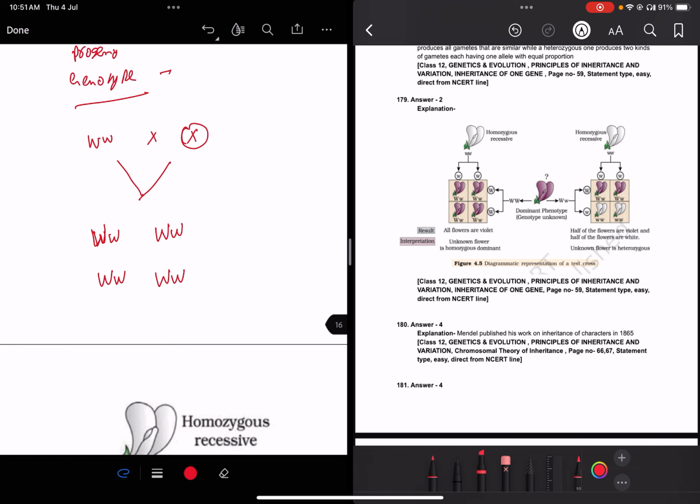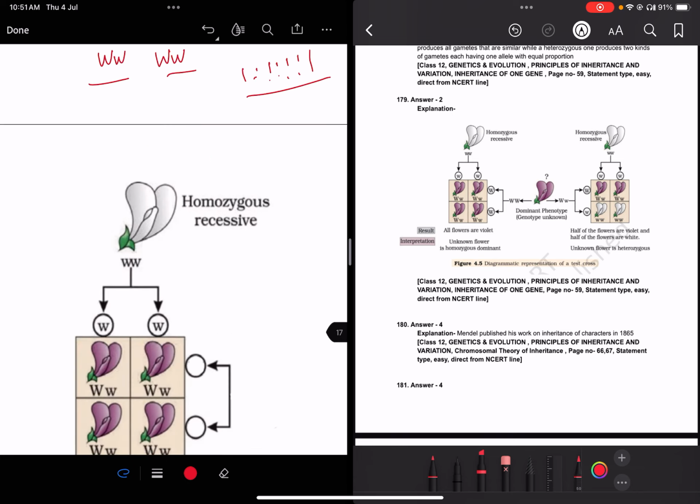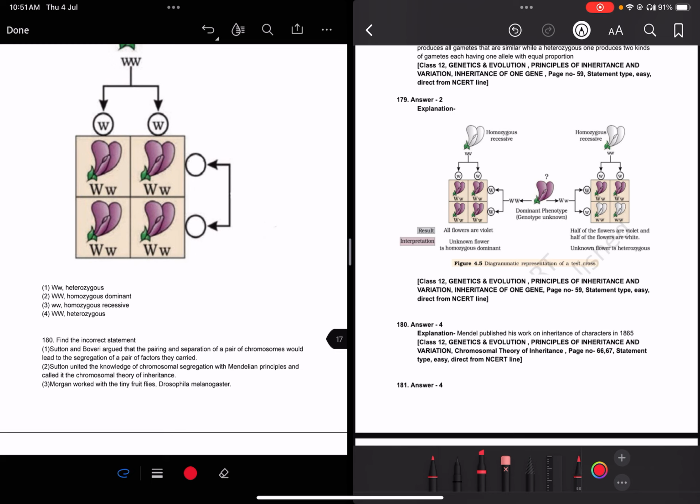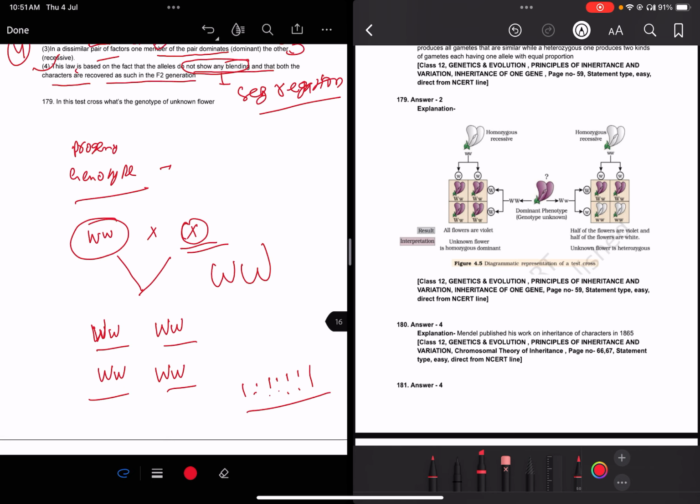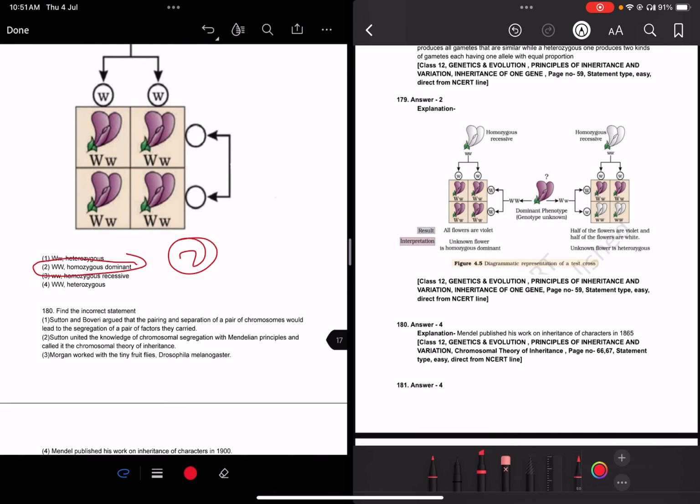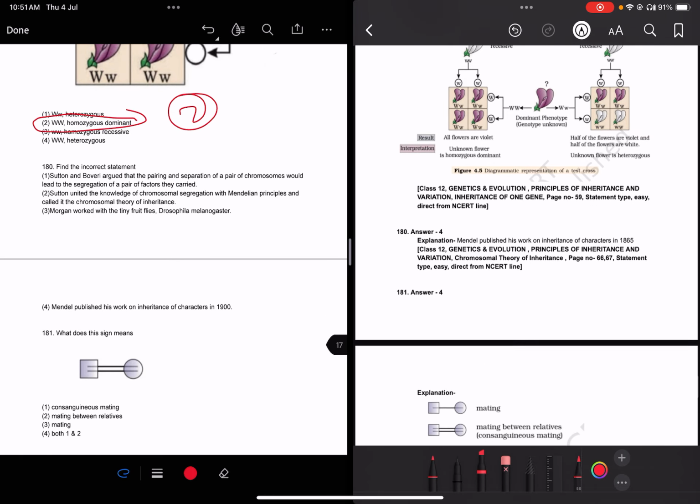Any other thing: this is homozygous, meaning that this one is also homozygous, because the same. Only one type is given, so simply we can identify it as WW, homozygous dominant, then only this will come. This is the way to solve question 179. Now move on to question 180.